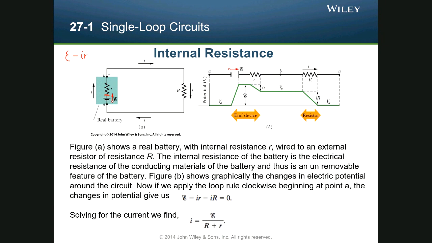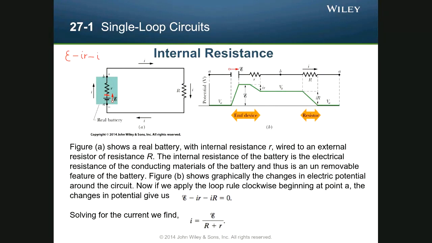All right, and now we have to ask ourselves again, as we traverse the loop, are we going with the current or against the current? So as you can see, we're going the same direction as the current, right?